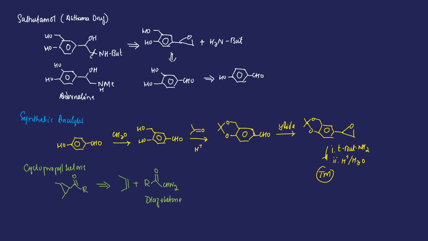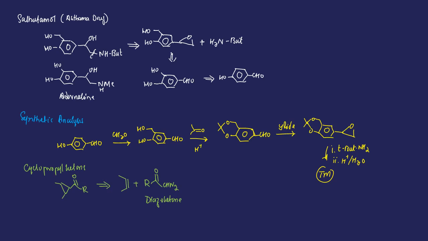Similarly, we can also use diiodomethane as we have used in Simmons-Smith reaction in combination with the zinc-copper couple. Simmons-Smith reaction is highly stereoselective. For example, if we have a starting alkene as a trans, the product will be trans, and if starting material is cis, then the product will be cis.